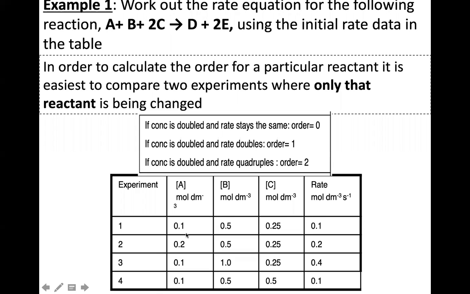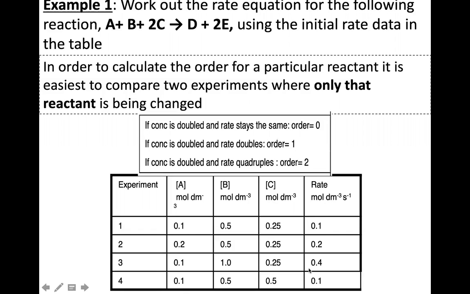For example, to find the order of A, you look at 2 experiments that only change A, keeping your B and C constant. So that's experiment 1 and 2 in this case. What you have to do is look at how much the concentration has gone up and how much the rate has gone up.